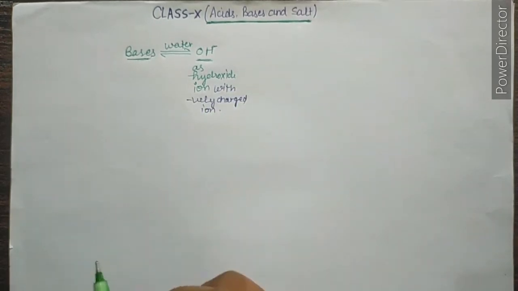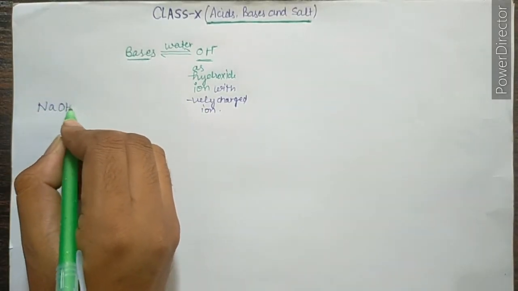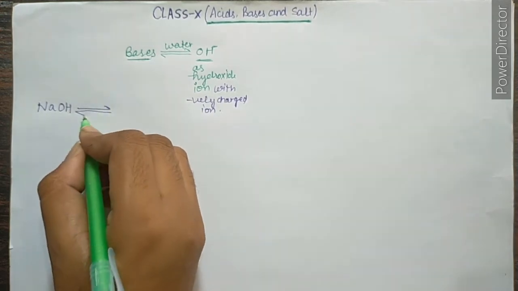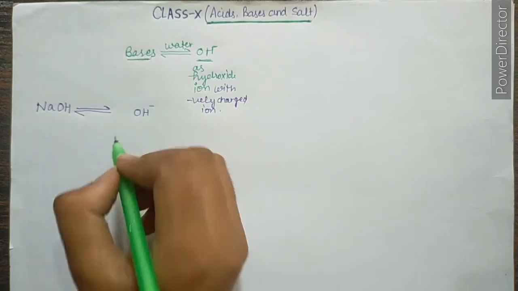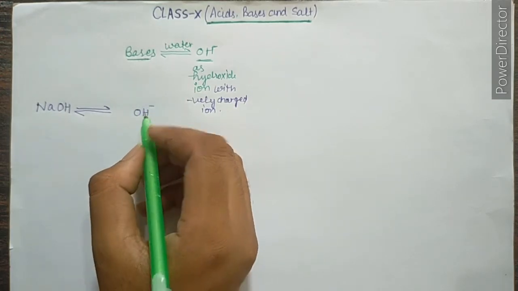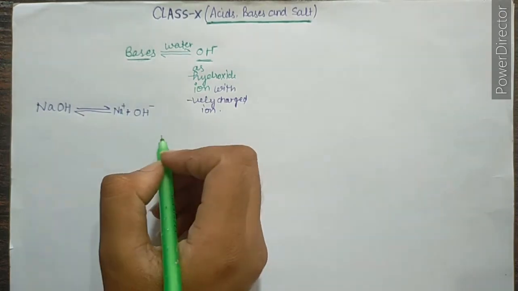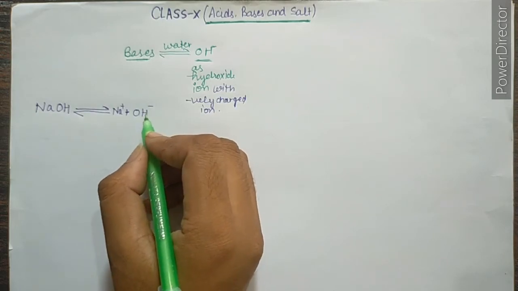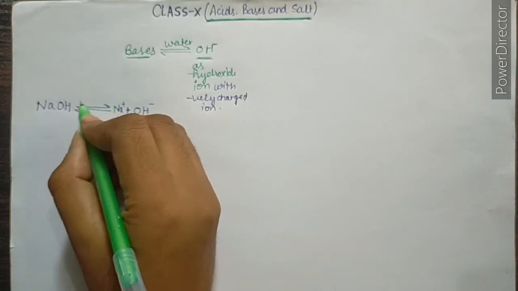For example, sodium hydroxide, NaOH, dissociates to give hydroxide ion, that is OH negative, and Na positive, in water.